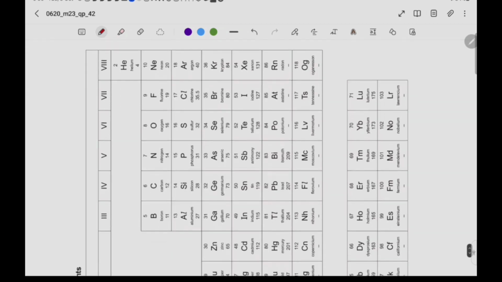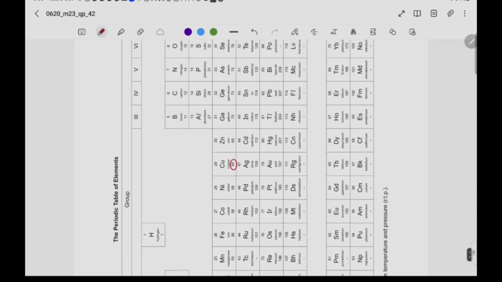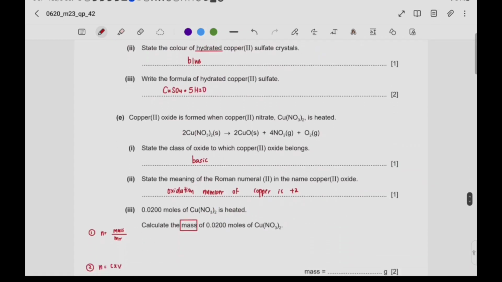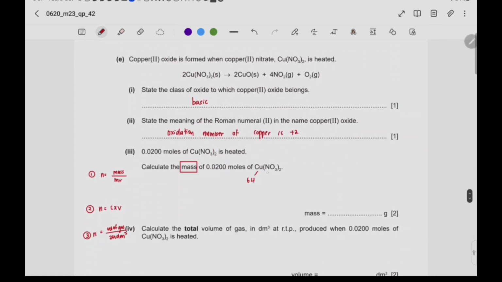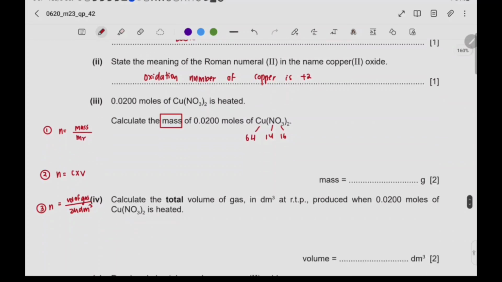Copper, I didn't memorize everything, so that's why I need to find it like you. Copper is 64, nitrogen is 14, oxygen is 16. So how do we do it?